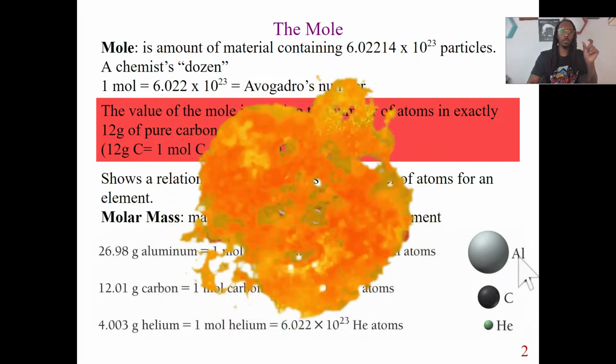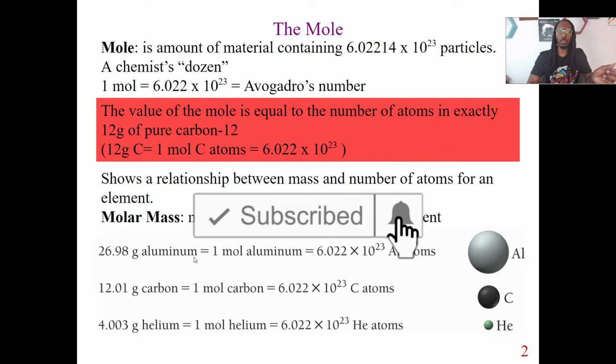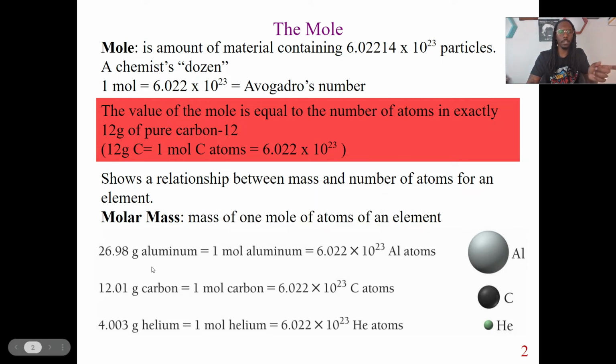You can also do this with aluminum. 26.98 grams of aluminum is 1 mole, and 1 mole is equal to 6.022 times 10 to the 23 aluminum atoms.